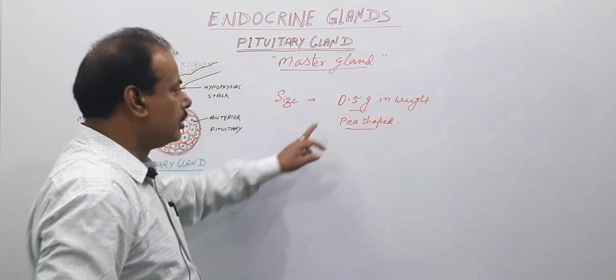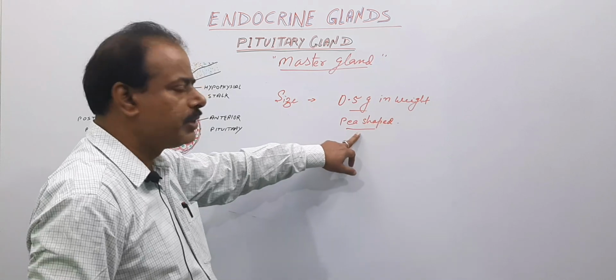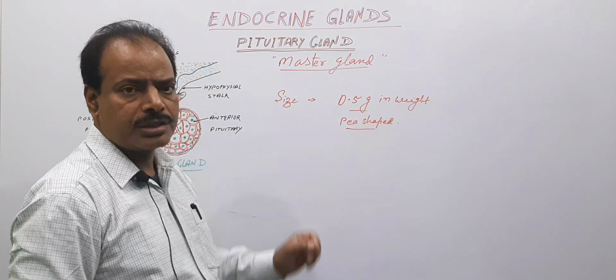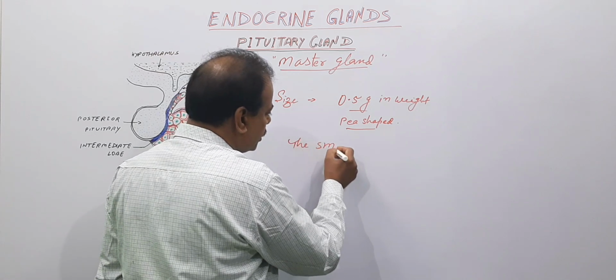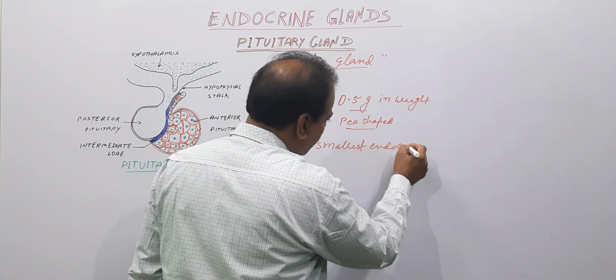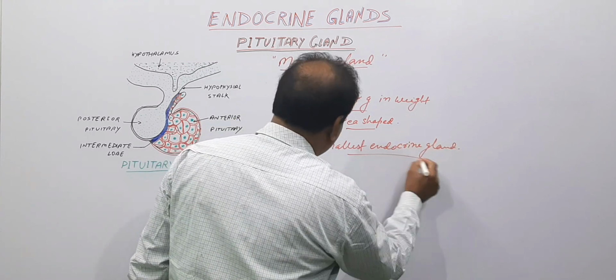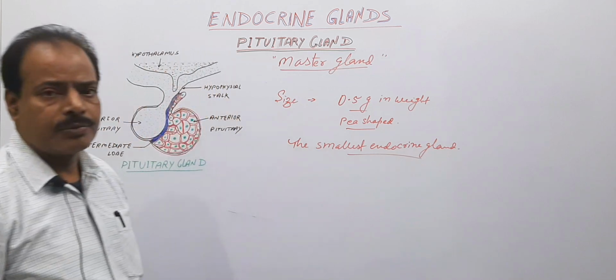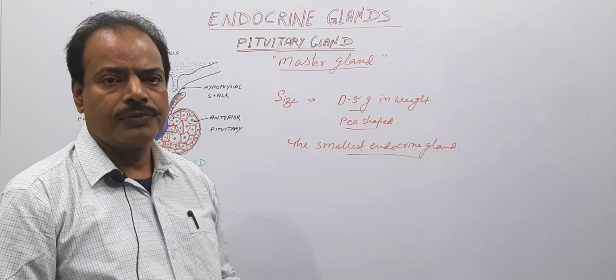So 0.5 gram in weight, and it is a P-shaped structure. It is the smallest endocrine gland, but it secretes a number of hormones.